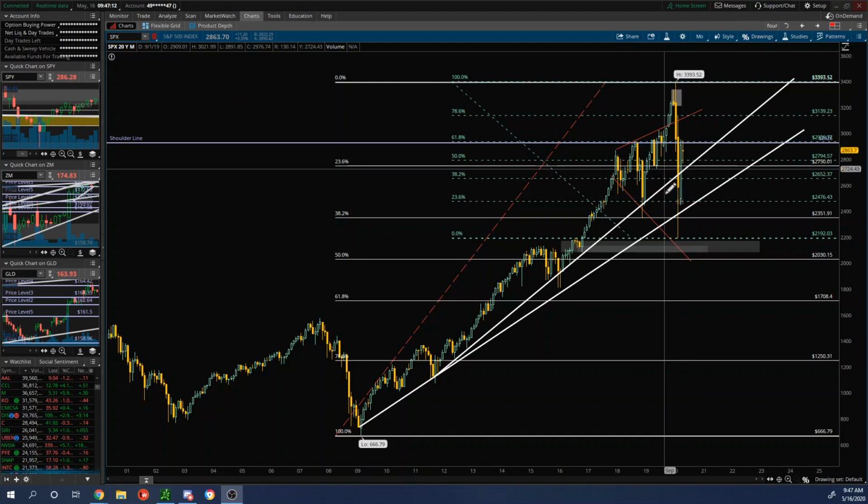This is what you want to see on a head and shoulders, is that the down moves are more aggressive than the up moves, and that's so far what we're getting. So we're having a pretty aggressive down move, slower up move, right? More bars to get this up move. We see a very aggressive down move, and this is on high volume. Can't see it on the SPX, but very high volume on this.